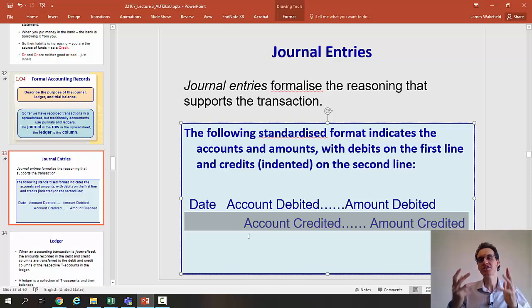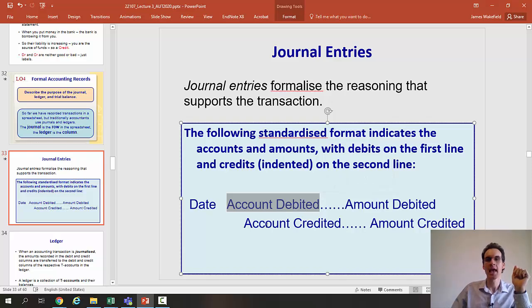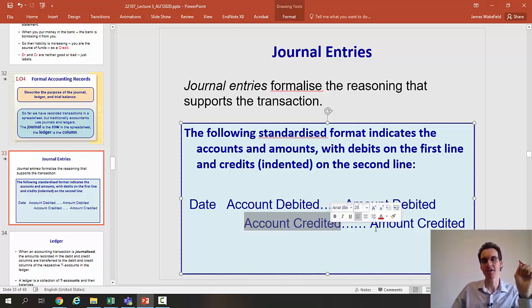It is just like in Australia, when you drive a vehicle or ride a bicycle, you need to keep to the left side of the road. That is the convention. So when we record accounting transactions, we need to have the debit account on the top and the credit account or accounts on the bottom, which are indented in terms of both the account and the amount that relates to that account.